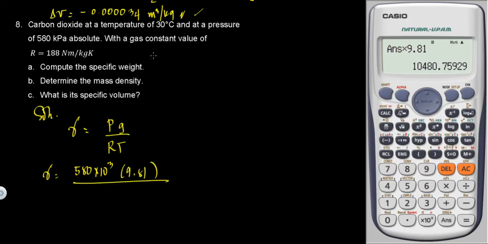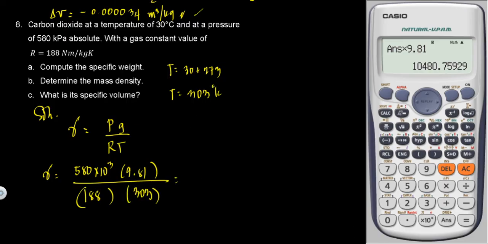There. And R is, yan, given na rin, 188 Newton meter. So, multiplied by temperature, dapat ito ay Kelvin. So, we have 30 plus 273. Or this is 303 Kelvin, ano? Degree Kelvin. So, 303.